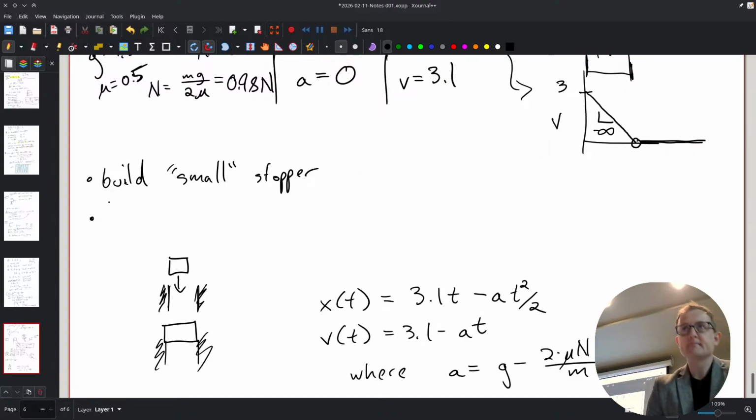What about time-wise? What's the benefit of taking a longer time to stop? More gradual acceleration. Gradual, yeah, so things are happening slower.